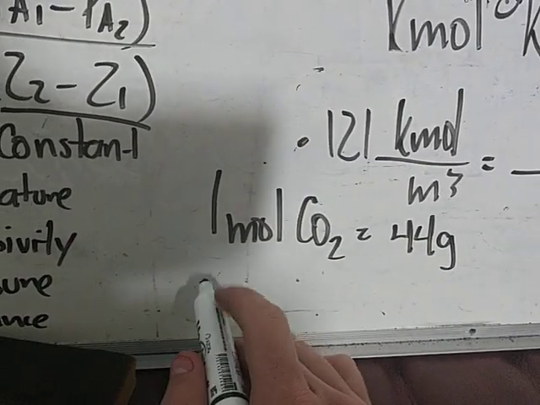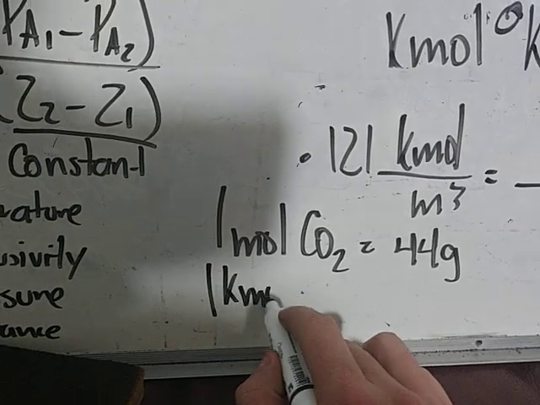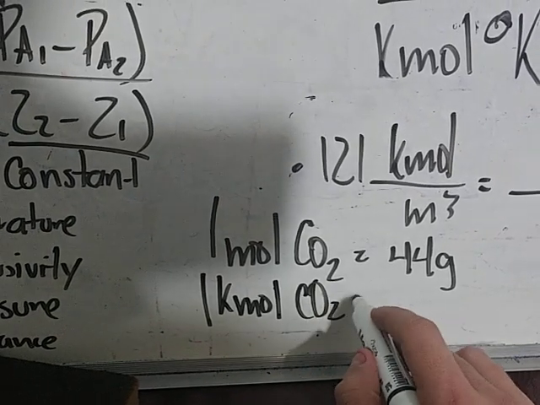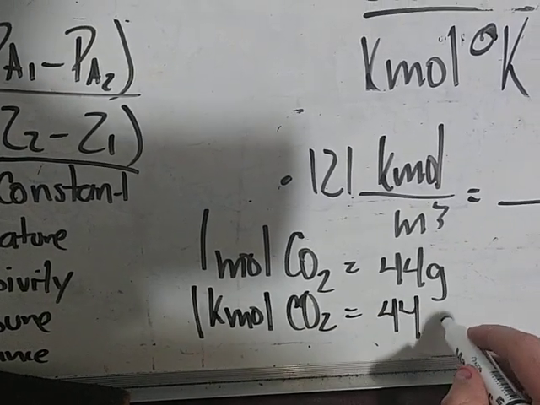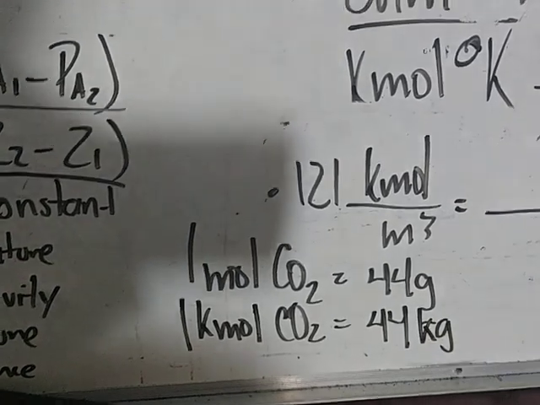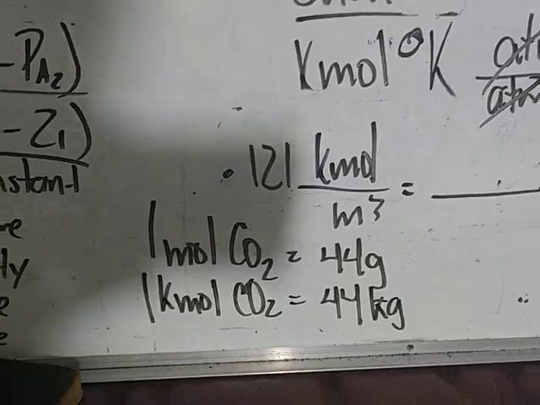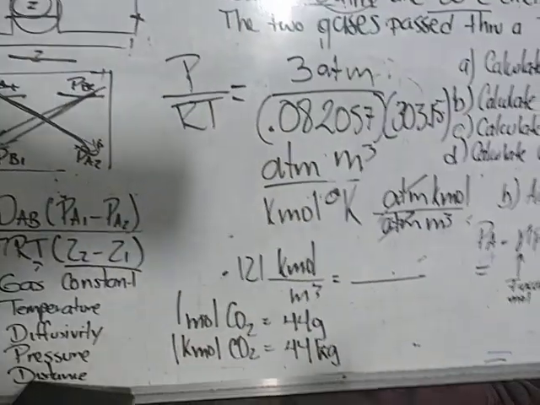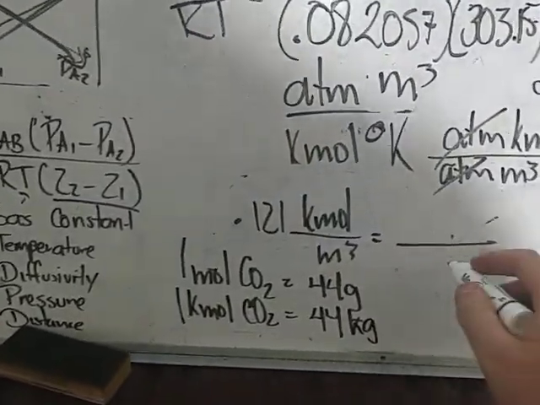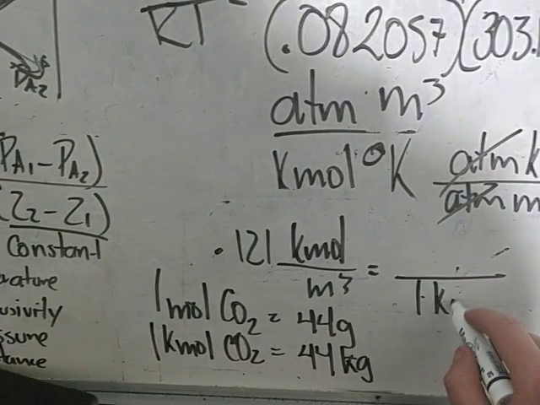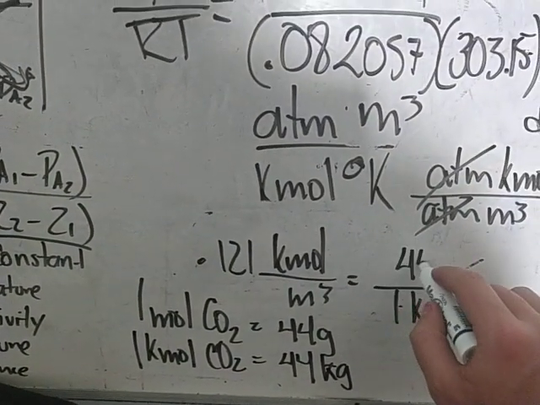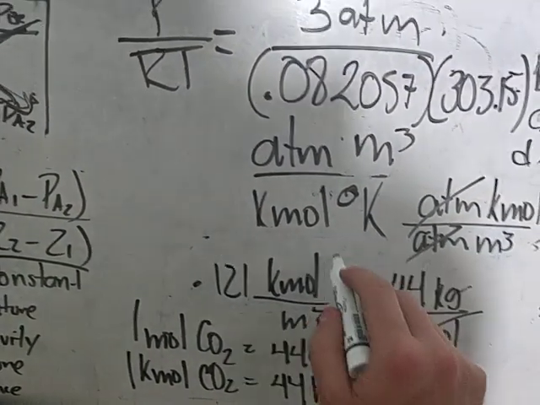This is the same as if I consider 1 kilomole of the oxide is going to be the same as 44 kilograms. Okay, it's totally the same. Then, having this in mind, I will put 1 kilomole is the same as 44 kilogram.